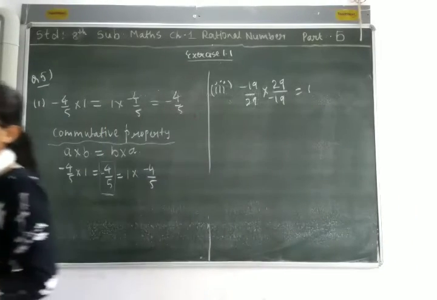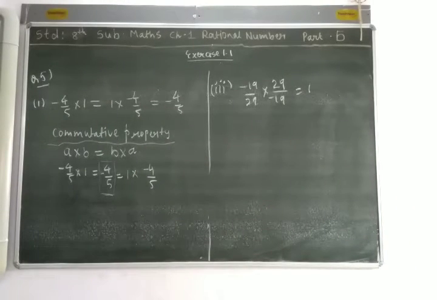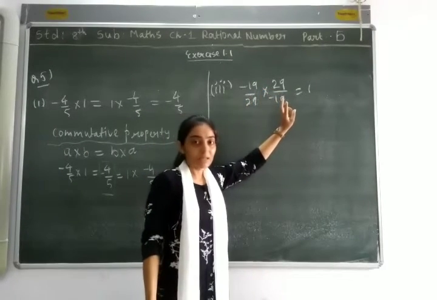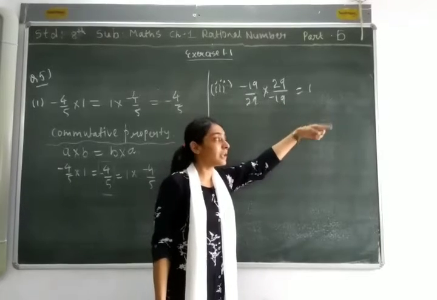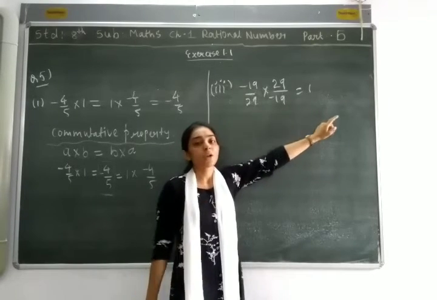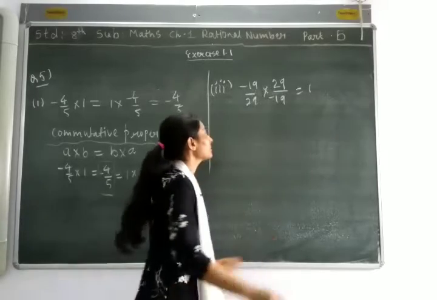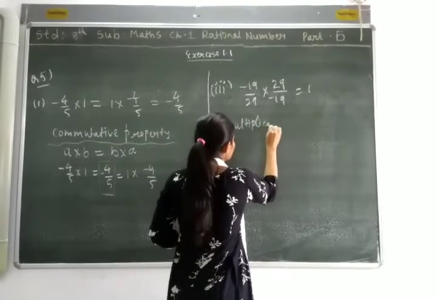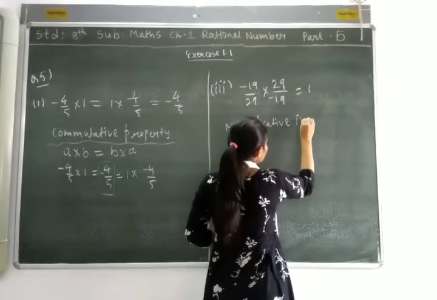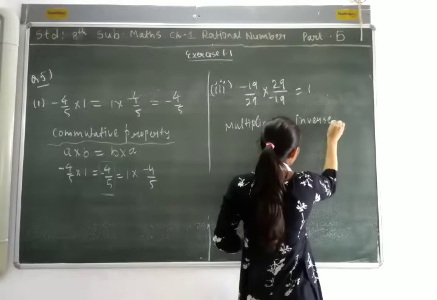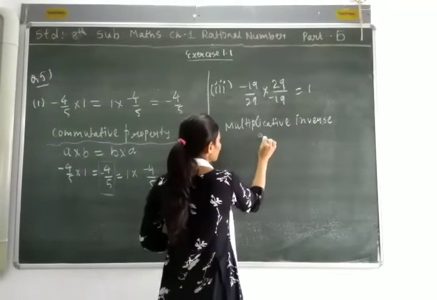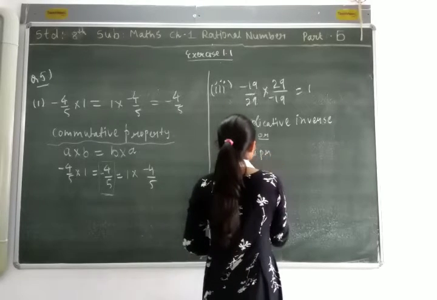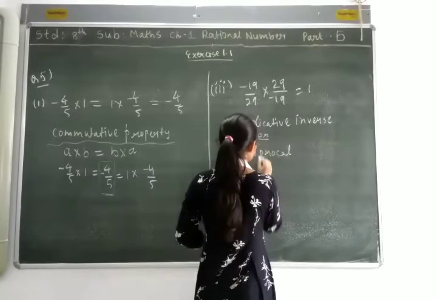So which property are we going to use here? It's nothing but the multiplicative inverse. The resultant value I am getting is 1 only. Multiplicative inverse, or reciprocal.